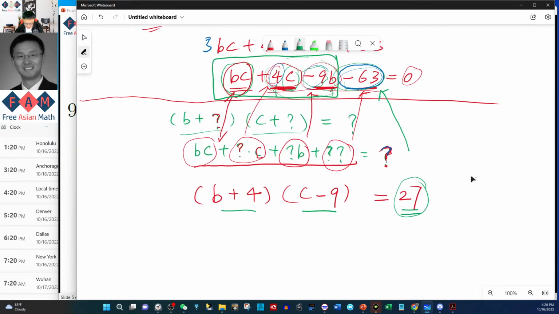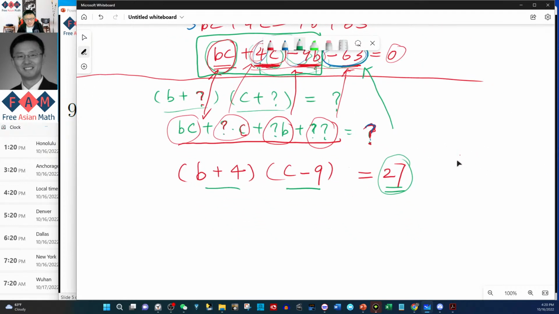How many ways can you factorize 27 into the product of two integers? First, without considering negative numbers, it can only be 1 times 27 or 3 times 9. That's it. 27 is 3 cubed. That's the only way you can factorize this. Okay?